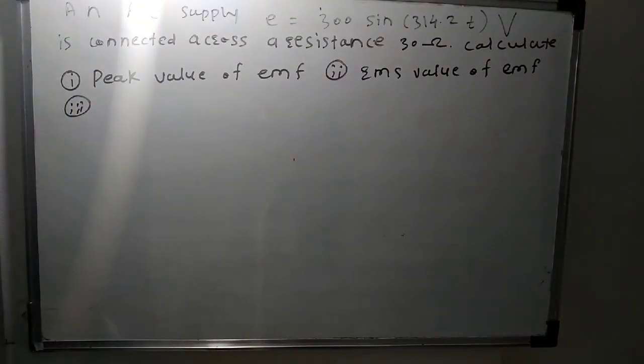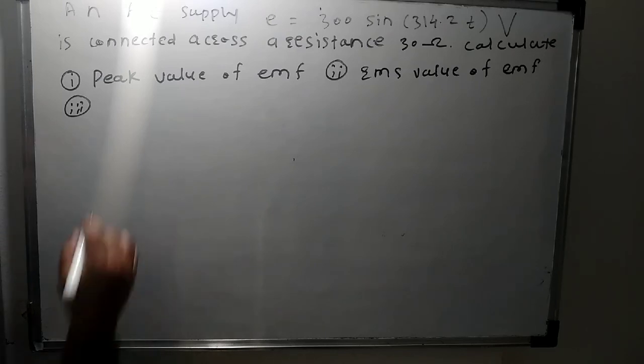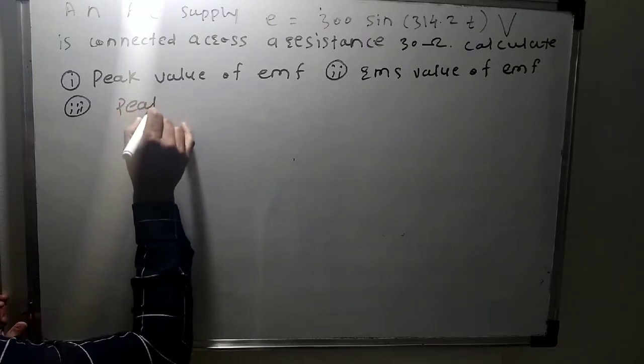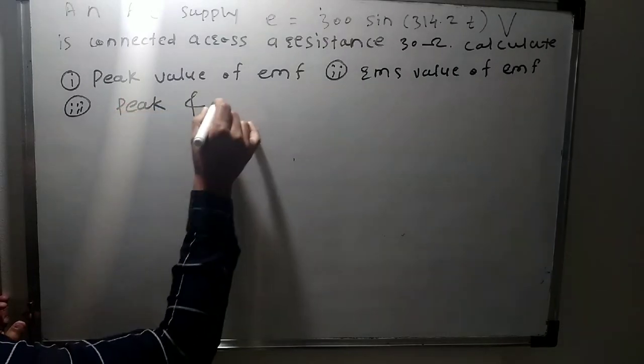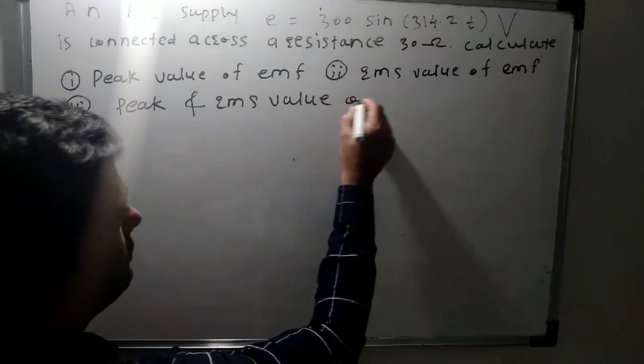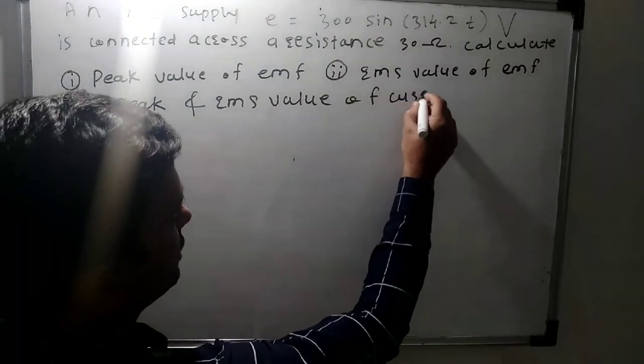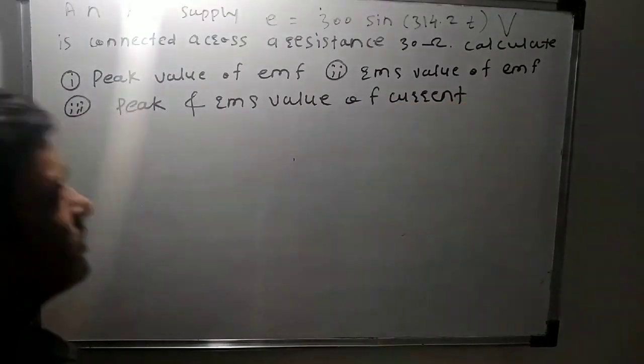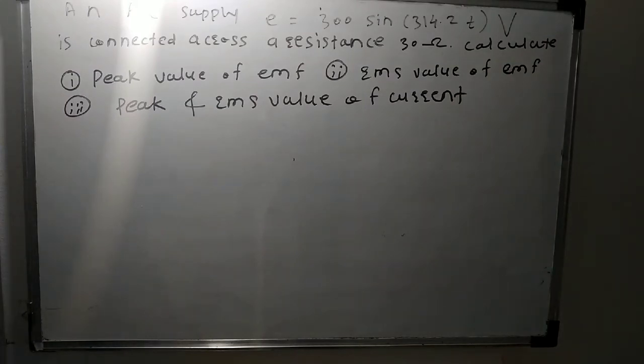And very importantly, the last one, that is the peak and RMS value of current. So both values, peak and RMS value of EMF and current, are to be determined.